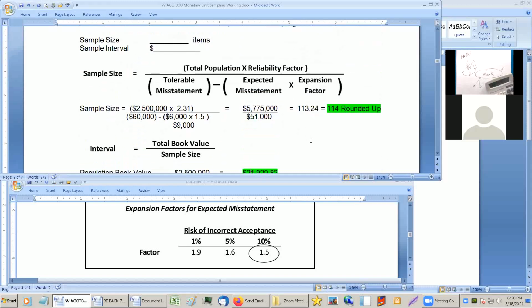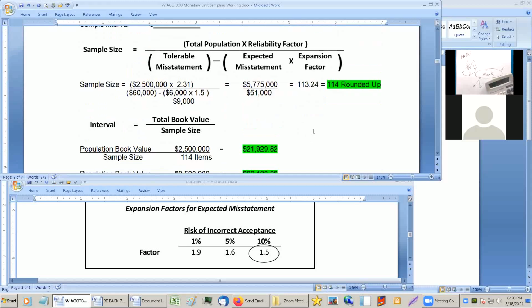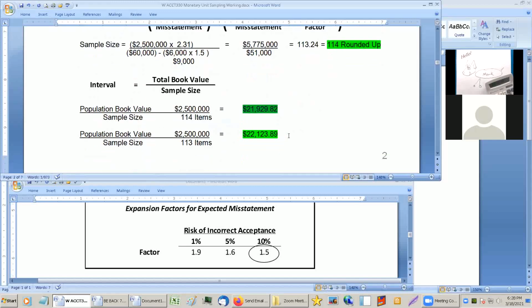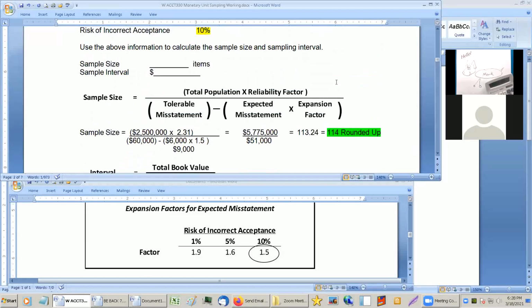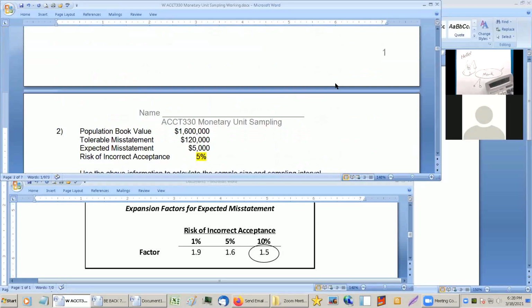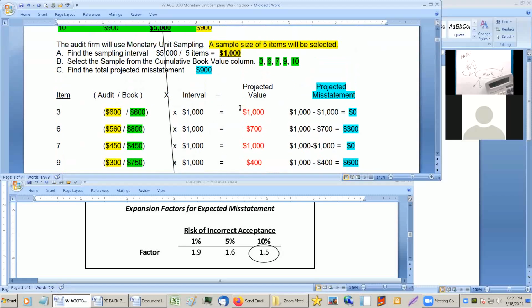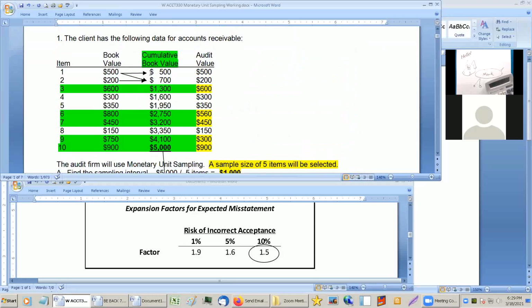And notice that the number of items in your sample is going to make a difference in your interval. And if you recall from what we did last week, that interval is important because that tells us which ones to pick.